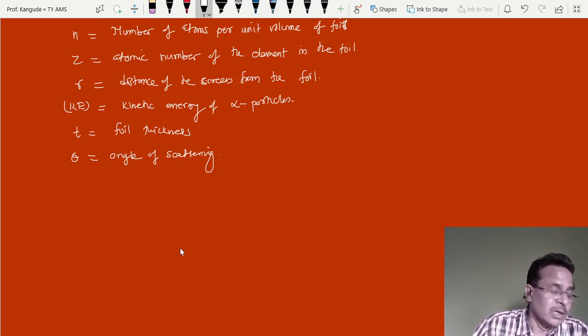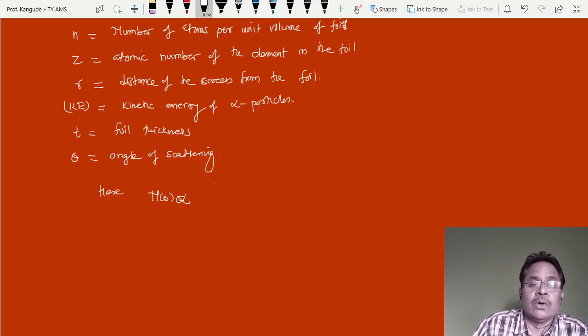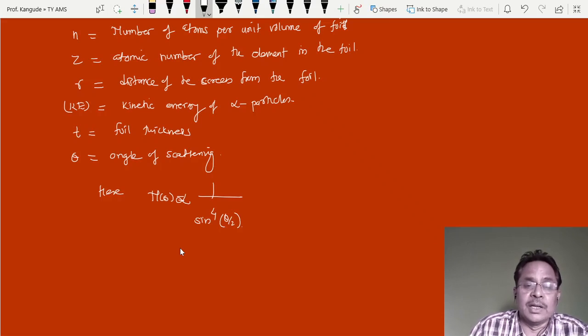And therefore, in this relationship, N of theta is directly proportional to 1 upon sine raised to 4 of theta upon 2. This was the result predicted by Geiger and Marsden.